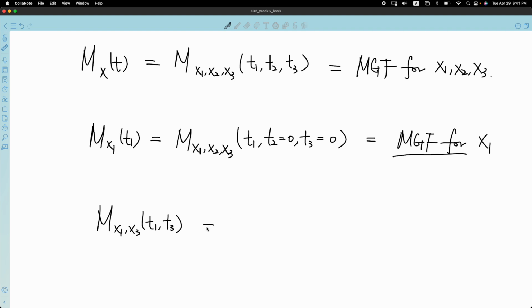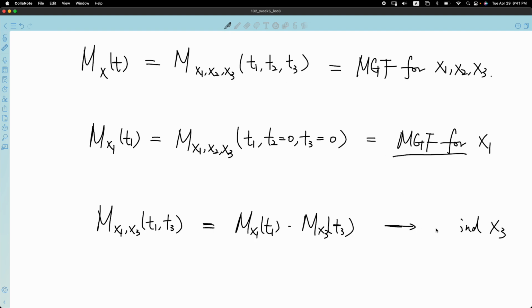If this is equal to the marginal for x1 at t1 multiplied by that for x3 at t3, this implies x1 is independent of x3.